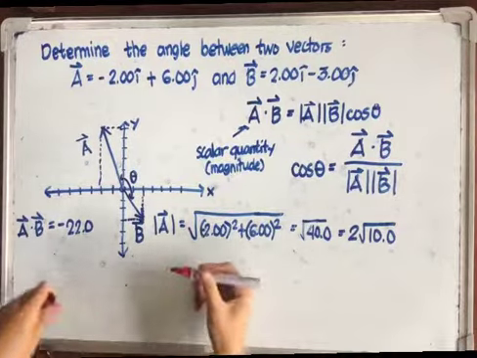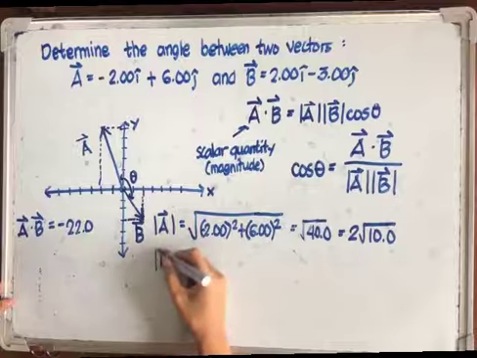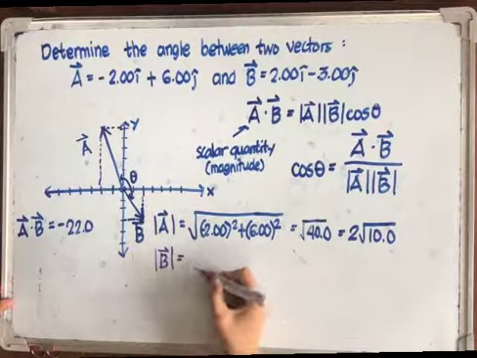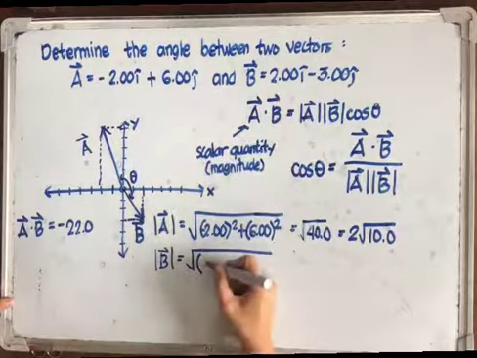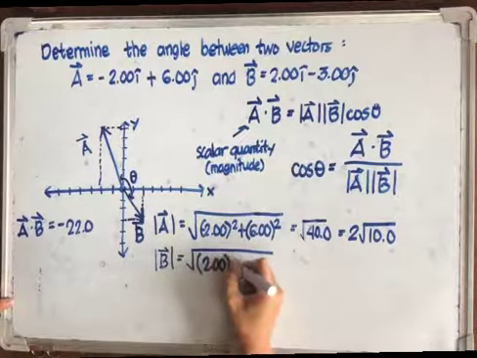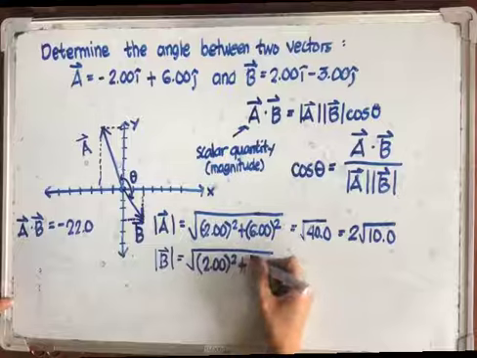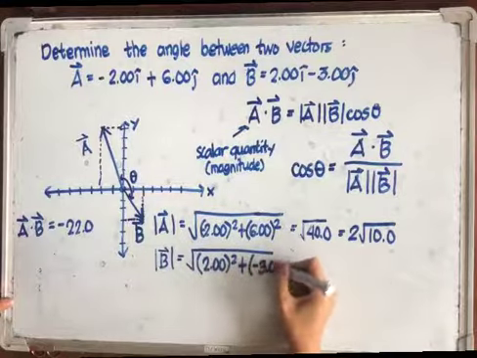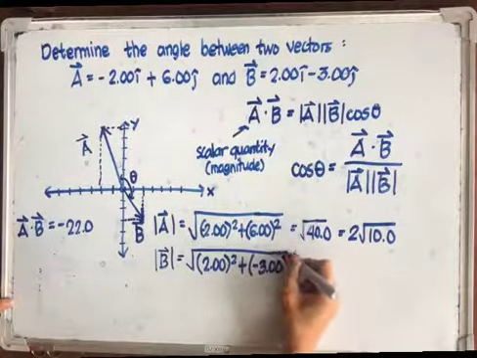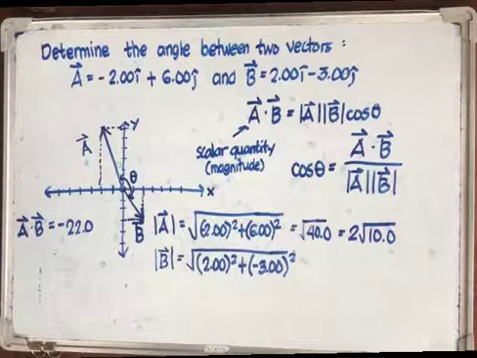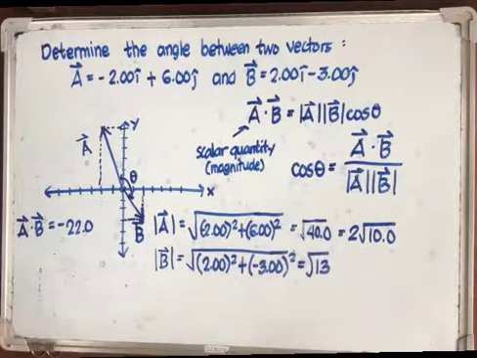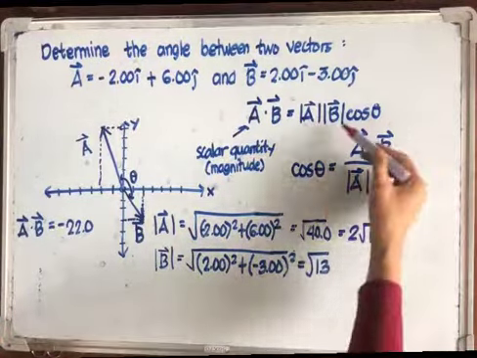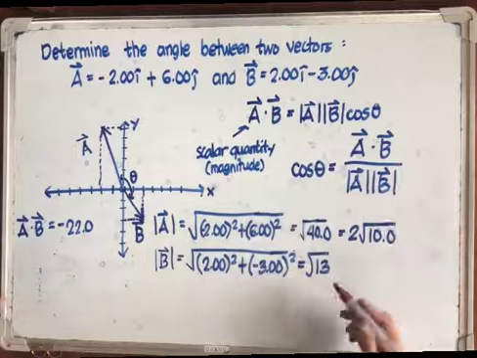So, may magnitude na tayo ng vector A, computin din natin ang magnitude ng vector B. So, that would be square root ng 2.00 squared plus y component naman niya is negative 3 squared. So, that would give us square root of 13. Okay? Ito na yung formula natin. Plug in natin lahat ng values dyan.